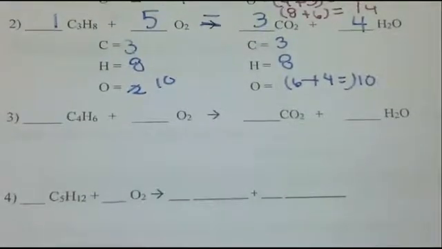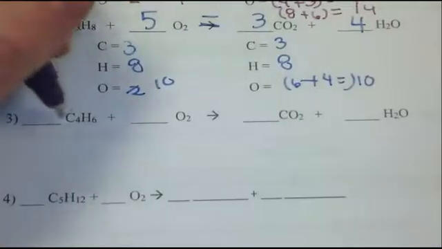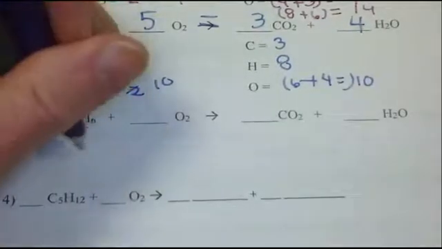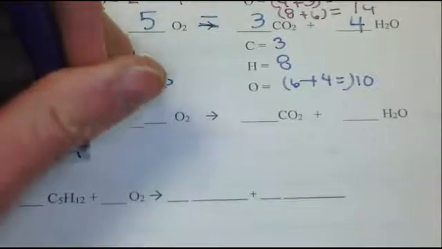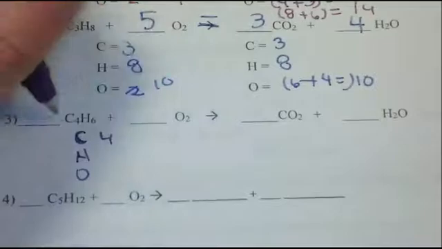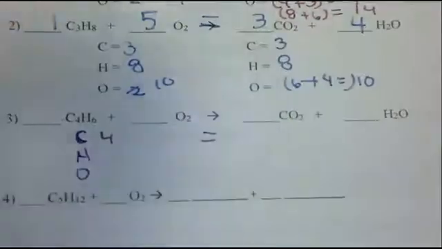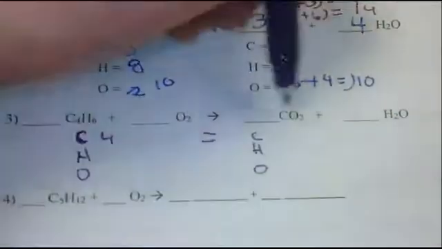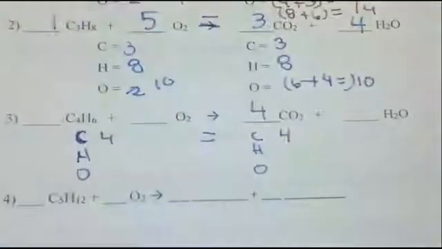CHO order. So I'm going to start with my C's. I've got 4 on the left, and on the other side, I've got 1, so I'm going to put in a coefficient of 4, so they're both 4.